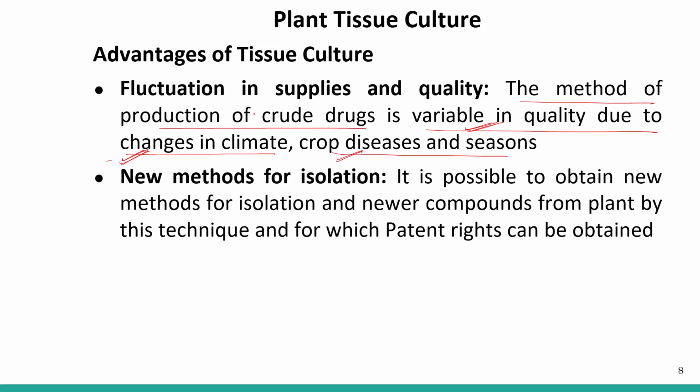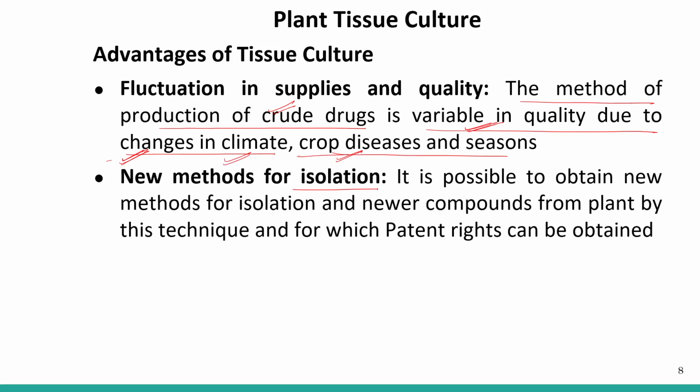So these things affect the production of crude drugs. If we maintain the same type of nutrient medium and climatic condition in vitro, then we can have the same type of drugs, and they are not going to vary. So this technique helps in this way also.